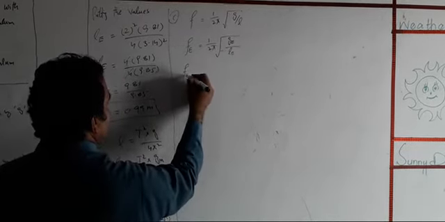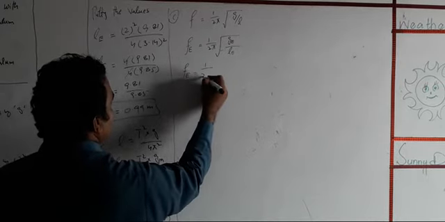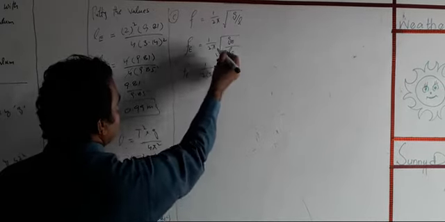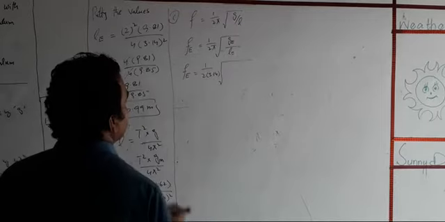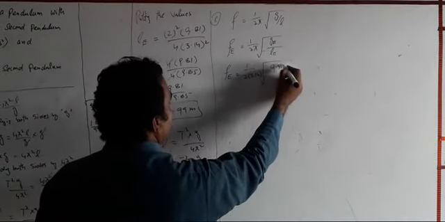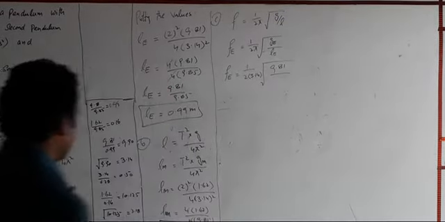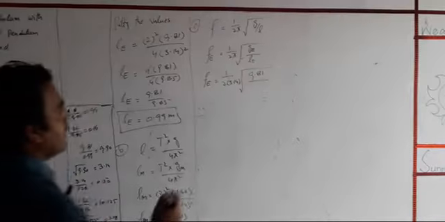So frequency on earth will equal 1 over 2 into 3.14, and the value of G on earth is 9.81. So I will write 9.81 divided by length on earth. We have calculated this value for the second pendulum, which is 0.99.